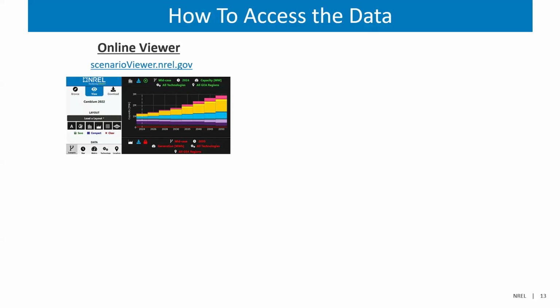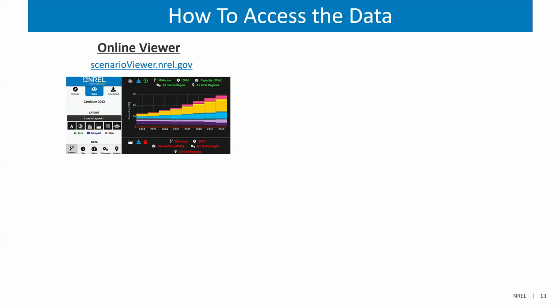So you'd first go and select the Cambium project if that's what you're interested in, and then you would be brought to this viewer where you can select different metrics and quickly examine through the browser what is in these different projections. That's useful for quickly understanding what's in the data.